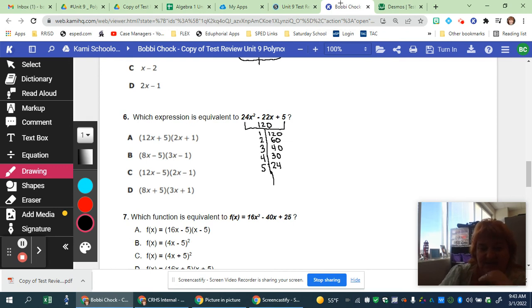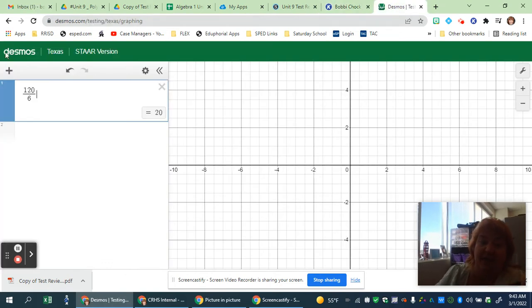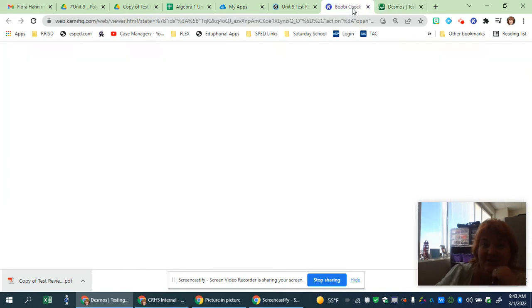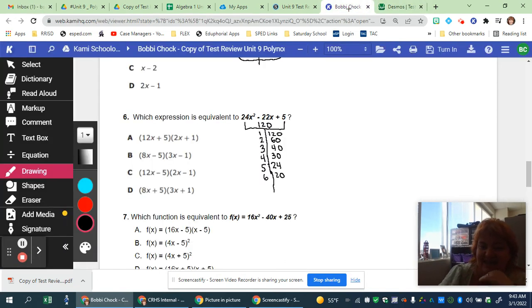So let's write that down. 6 and 20. Not quite there. I don't think 7 goes into 120, but if you don't know that, you can go 120 divided by 7. Nope. How about 120 divided by 8? Oh, 15. Wait a second. 8 and 15.